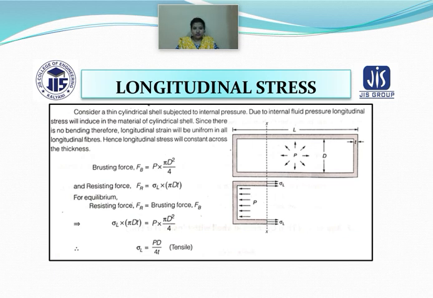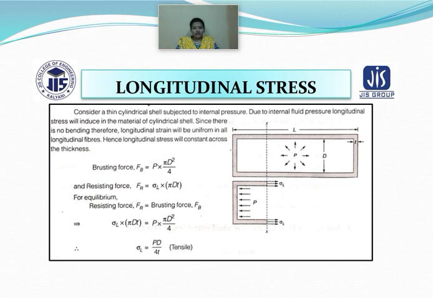Since there is no bending, the longitudinal strain will be uniform in all longitudinal fibers. So the longitudinal stress will be constant across the thickness of the entire cylinder.